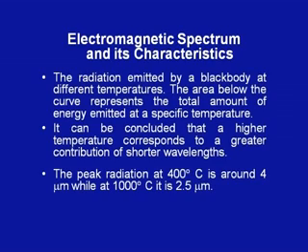It can be concluded that a higher temperature corresponds to a greater contribution of shorter wavelengths. The peak radiation is at about 400 degrees centigrade, which is around 4 μm, while at 1000 degrees centigrade it is 0.25 μm.